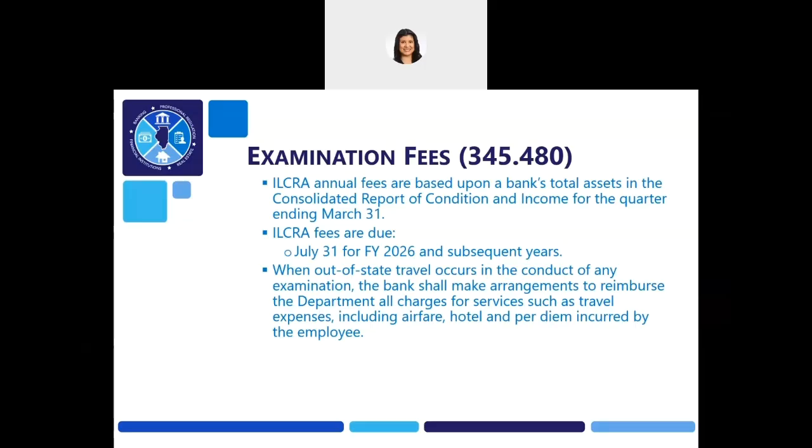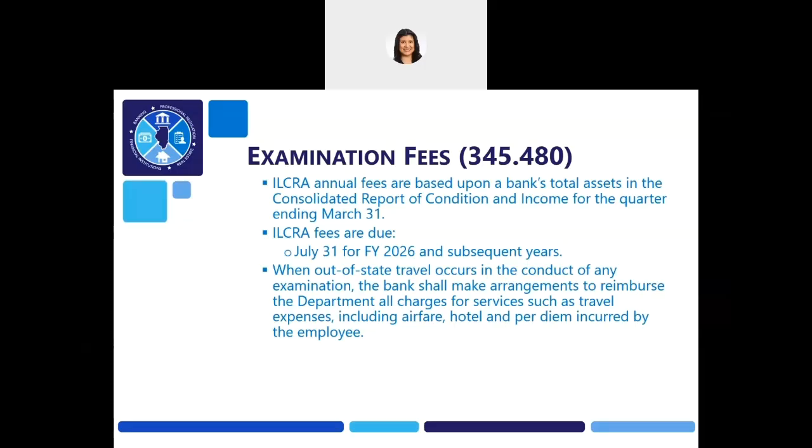Our fiscal year begins on July 1st, and for all subsequent years on July 31st. When out-of-state travel occurs in the conduct of any examination, the bank shall make arrangements to reimburse the department all charges for services such as travel expenses, including airfare, hotel, and per diem incurred by the employee.